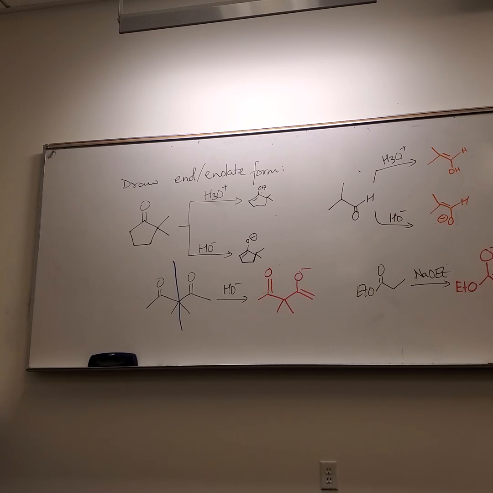L stands for lithium, as you would imagine, D stands for diisopropyl, and A stands for amide. LDA is a very strong base and also a bulky base. Lithium is only a counter ion. It really doesn't do anything except to balance out the charges. The actual base is the diisopropyl amide.